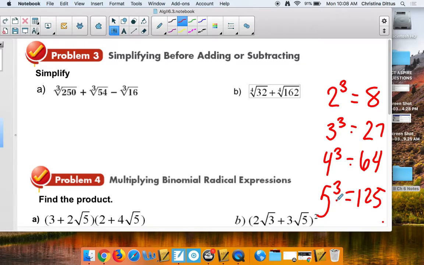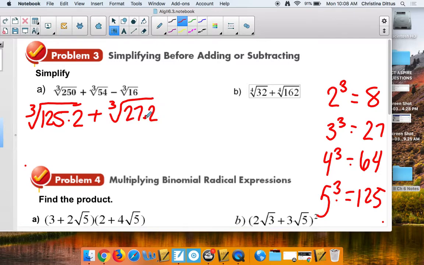Okay, 250. What can 250 be broken down by? 125 and what? Twice. So I'm going to turn my cubed root of 250 into 125 times 2. We good there? Okay, now I have plus cubed root. What can I break 54 down into? 27 and 2.